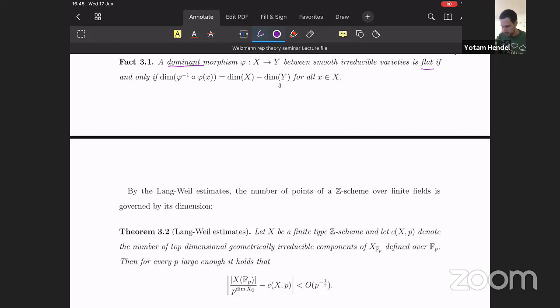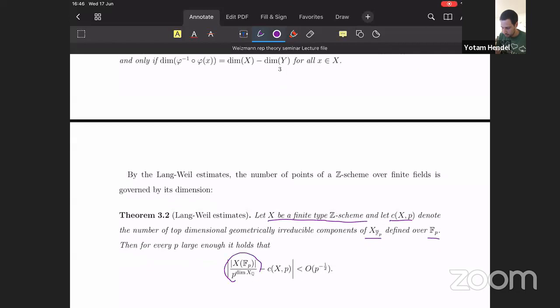So let me recall the Lang-Weil estimates. If X is a finite type Z-scheme, and I take c(X,p) to be the number of top dimensional geometrically irreducible components of X_{F_p bar} defined over F_p, then these estimates say that the normalized number of points is not very far from this number of irreducible components, up to some error of p^{-1/2}.